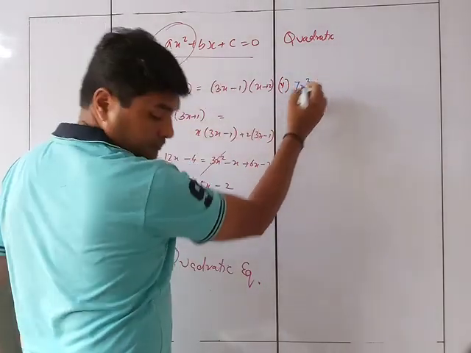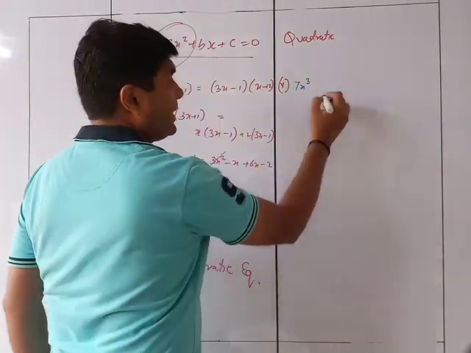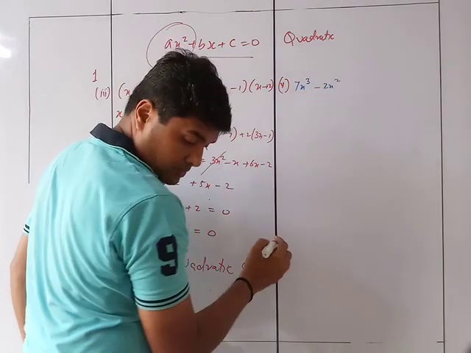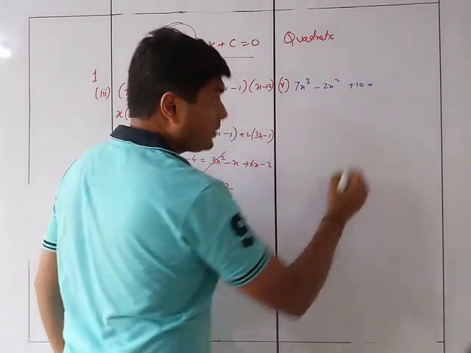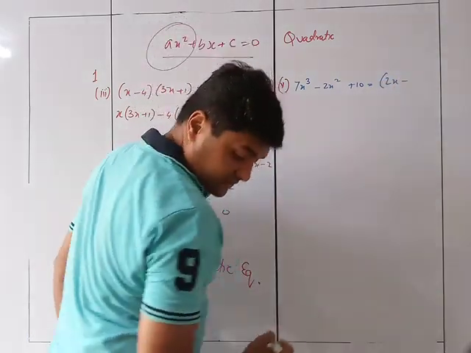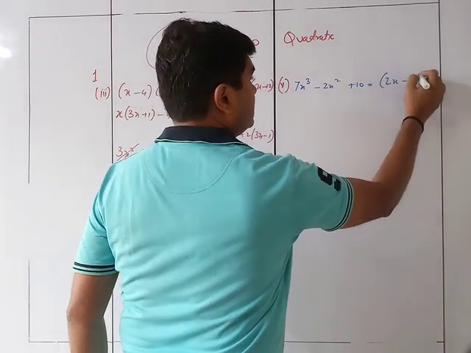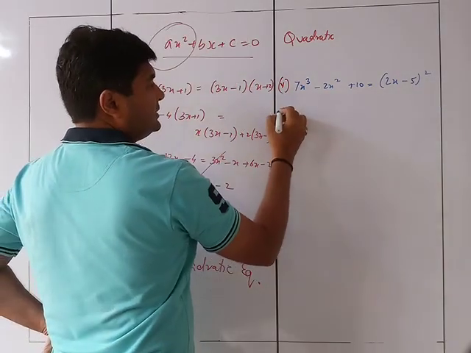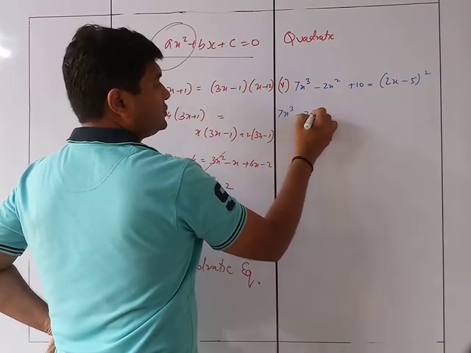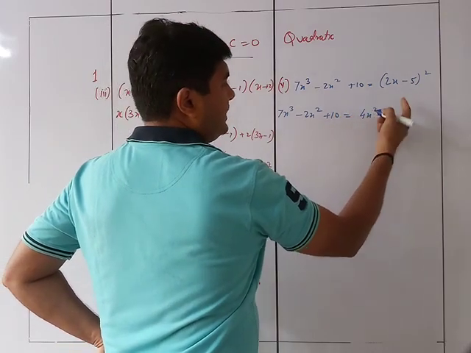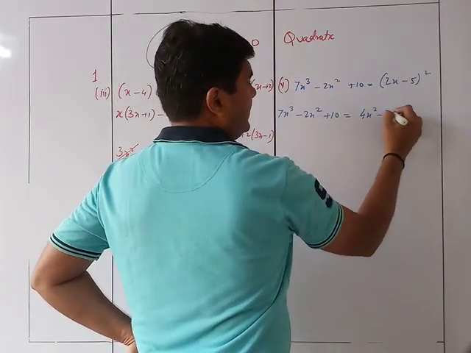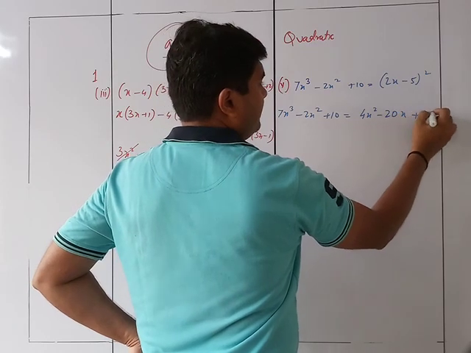7x cube minus 2x square plus 10 is equal to (2x minus 5) the whole square. That gives you 7x cube minus 2x square plus 10 is equal to 4x square minus 20x plus 25.